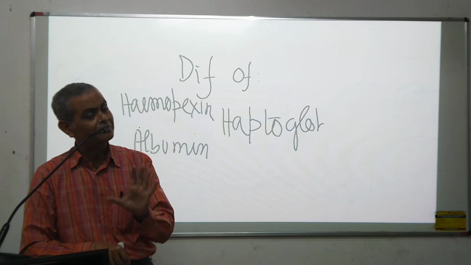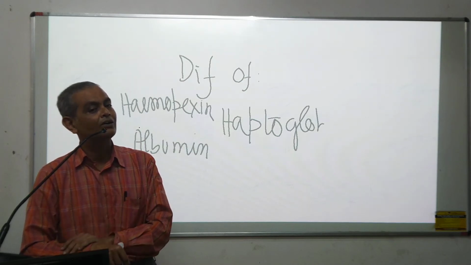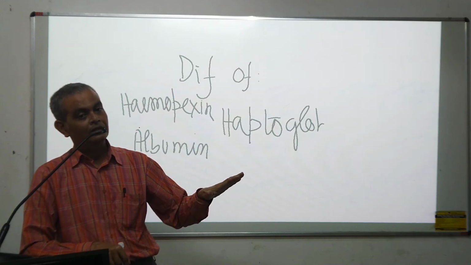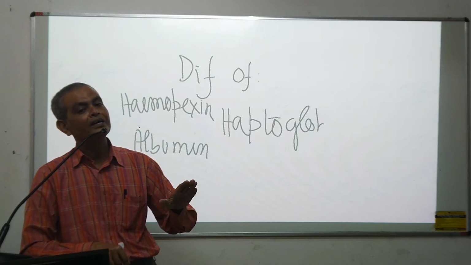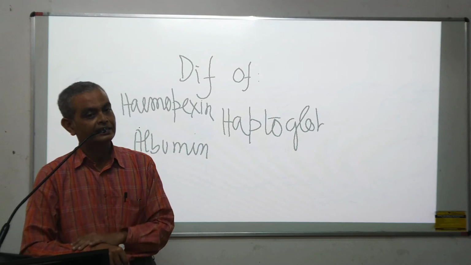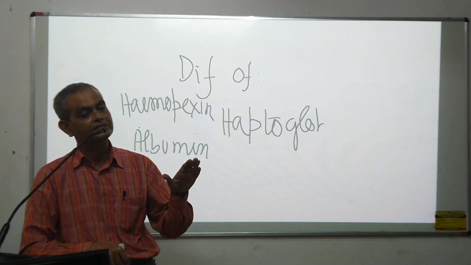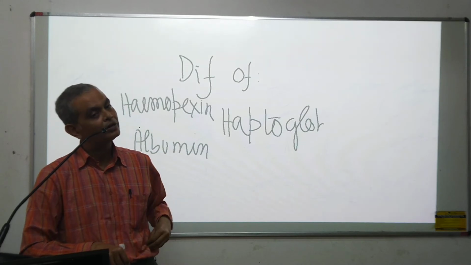So there can be slight enlargement of the organs if it is a continuous process. Suppose there is autoimmune hemolytic anemia, a continuous disease like SLE. In SLE there is always continuous destruction of the RBC. In those cases, there can be organomegaly.